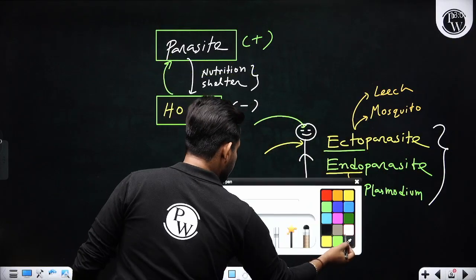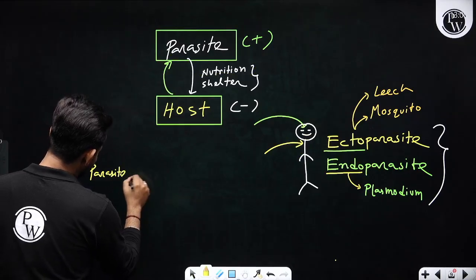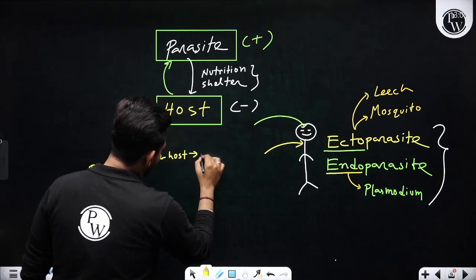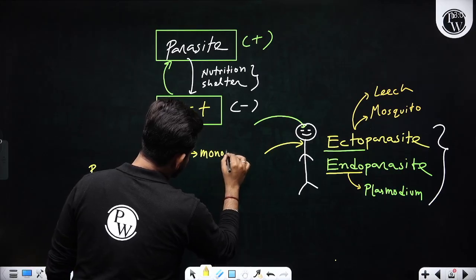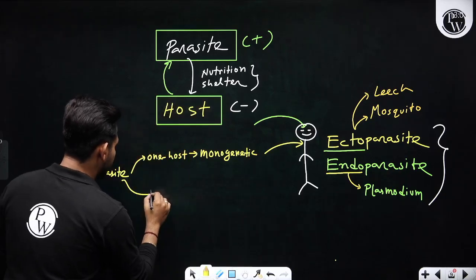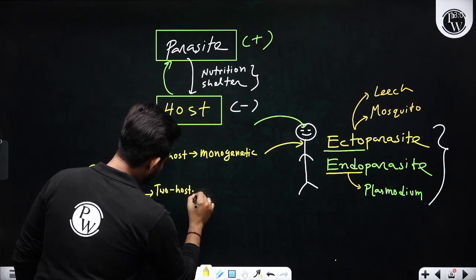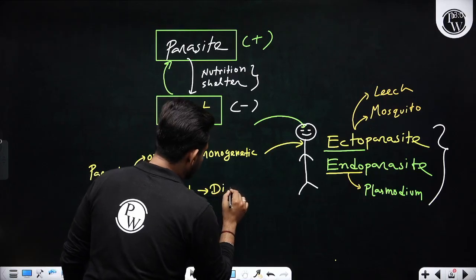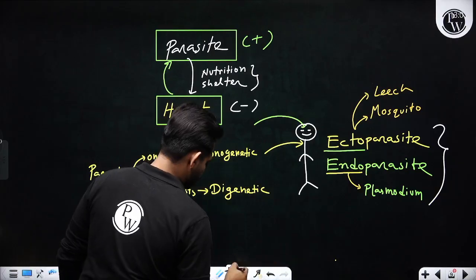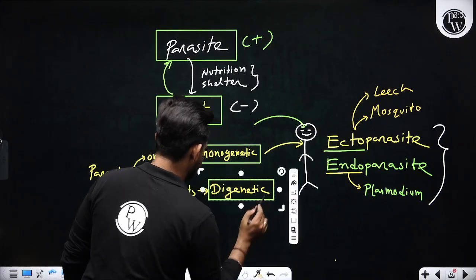So if there is a particular parasite or pathogen with one host, we call it a monogenetic parasite or monogenetic pathogen. If a parasite or pathogen has two hosts, we call it digenetic. So remember these terminologies: monogenetic parasite, digenetic parasite.